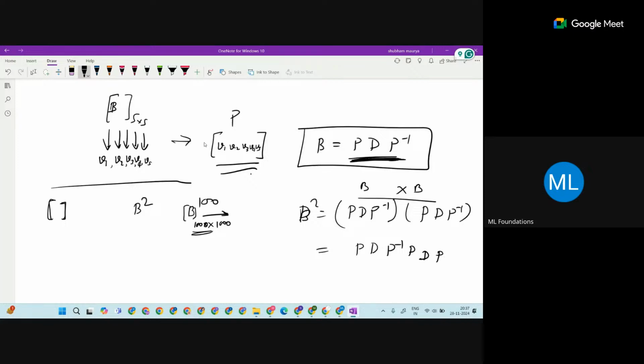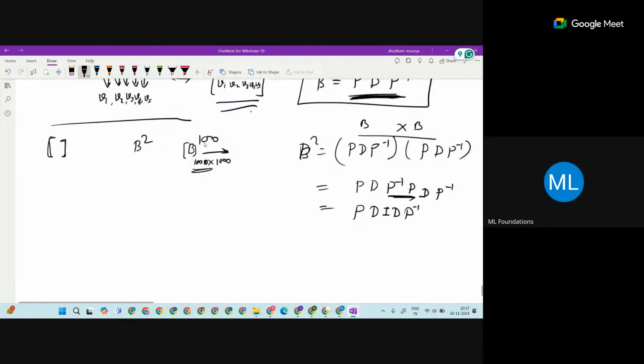Matrix multiplication uses the property of associativity, meaning I can take these two first, and if you take these two first, it becomes identity. Now P, D, identity, D, and then again P inverse. Now with this association, it will be D square and P inverse.